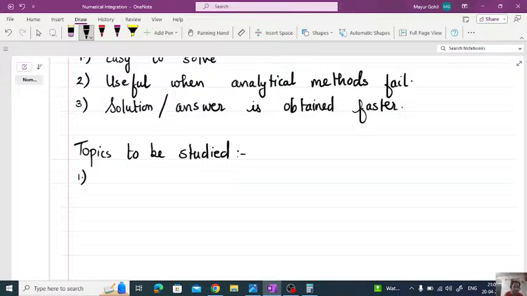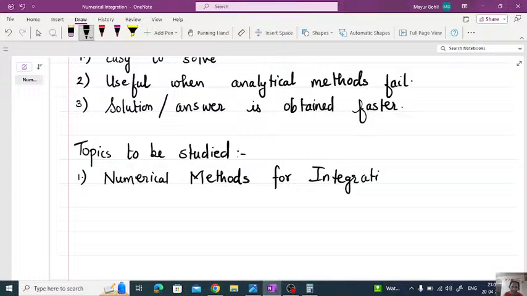The first one is numerical methods for integration. Now, in this, there are three most popular methods that you are going to see.